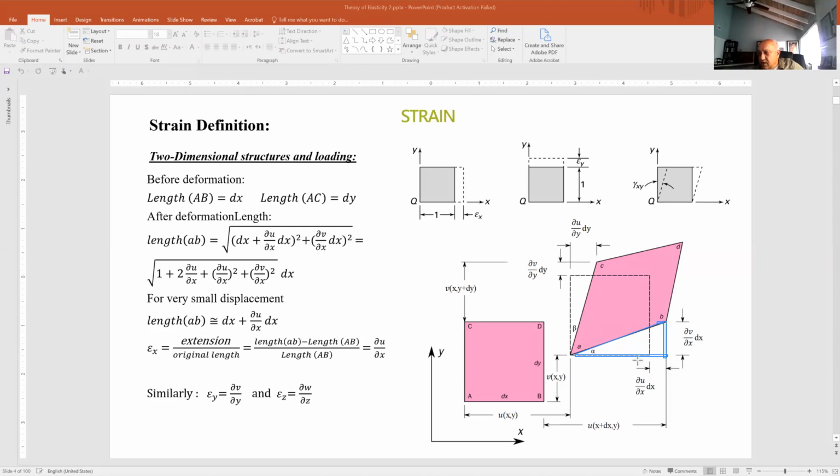Just looking into that triangle. Expand this term, I come up with this expression.